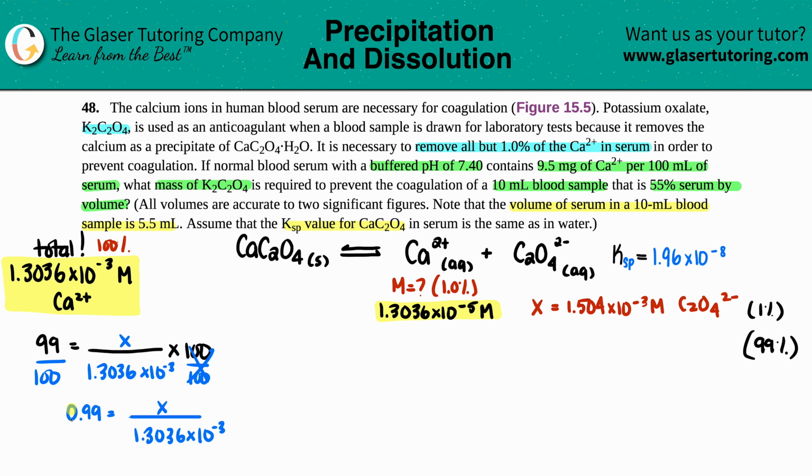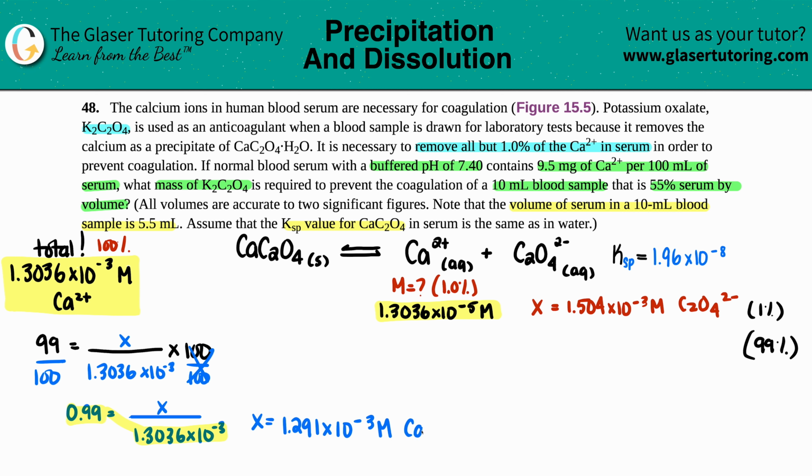We could cross multiply it out to get that 99% molarity. So 0.99 times 1.3036 times 10 to the negative third. I get 1.29. That's good enough, right? 1.29, I guess if we round, 1.291 times 10 to the negative third molarity.